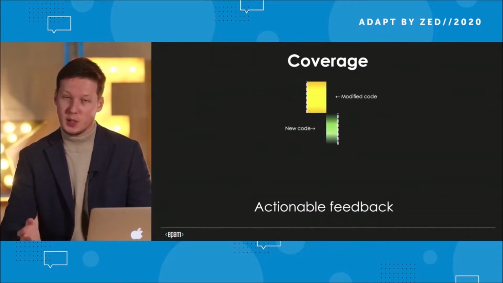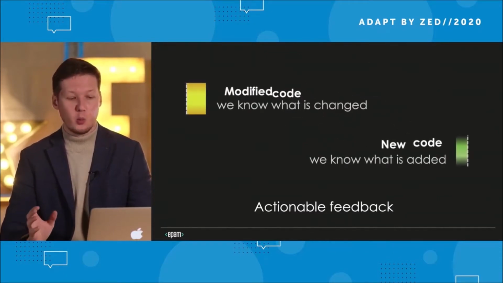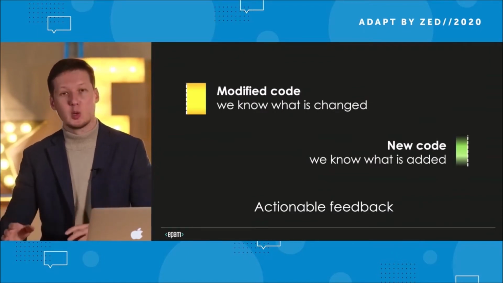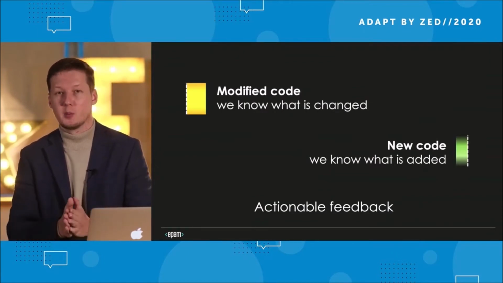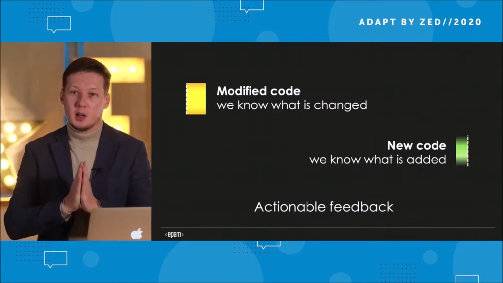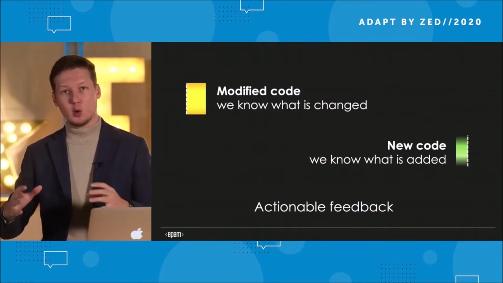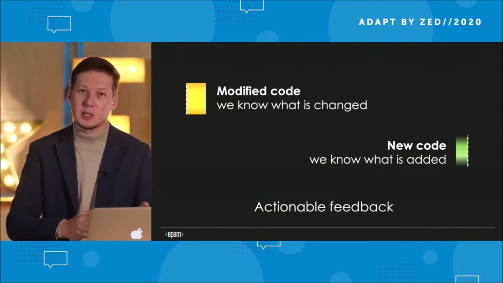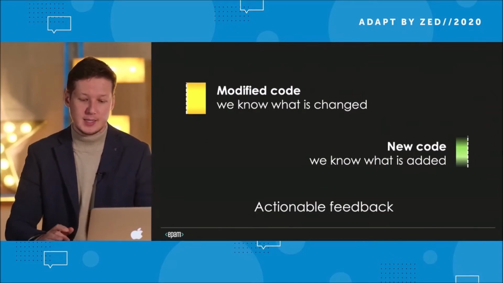Then we would know what part of the code was modified and what was added, which gives us evidence of how good we are at testing our newly introduced code and at retesting existing code.